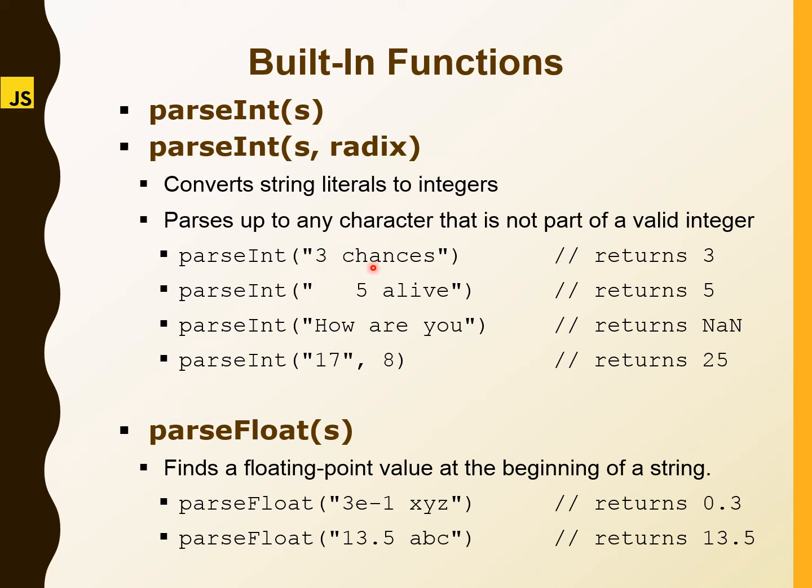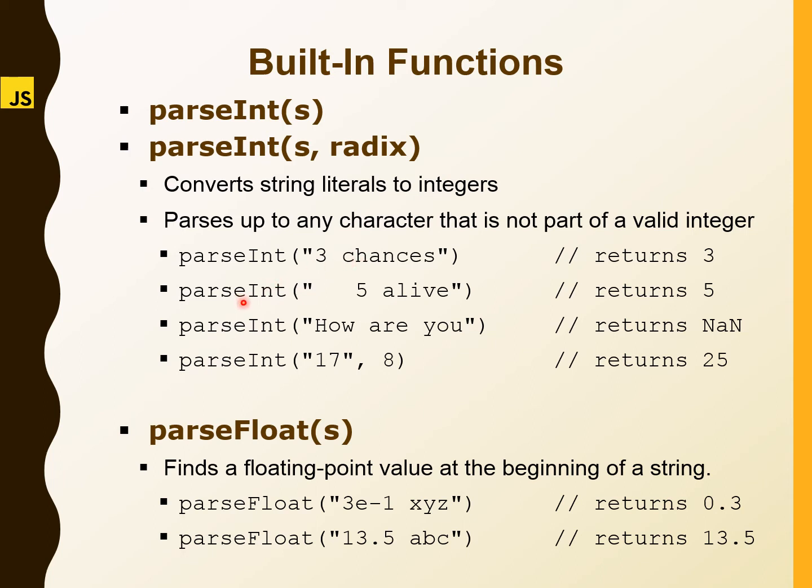What happens here is that it parses up to any character that is not part of a valid integer. If integers are available in the string, they will be considered, and that numerical value will be taken as the converted value. So in this example, 3 is taken as a numeral, and after this conversion it will produce the value 3.